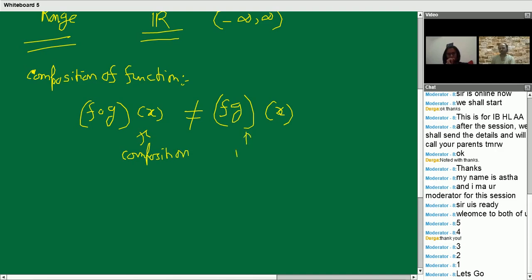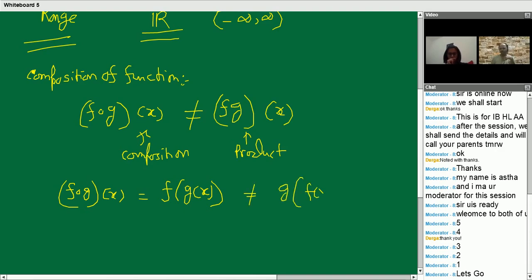These are completely different. Now, how will you define composition? If you see that the left one is f, the right one is g, so the right one would be the inner function, right? And it is not necessarily equal to g of f of x, which is equal to this.